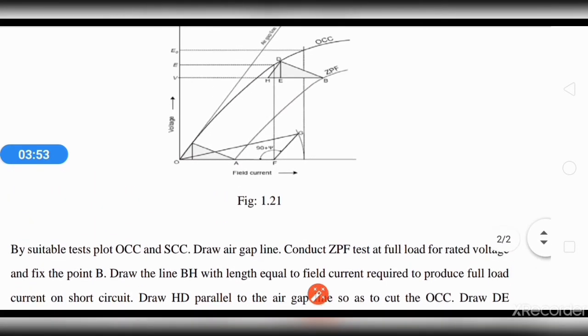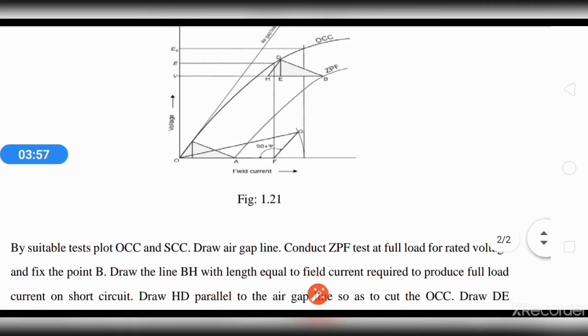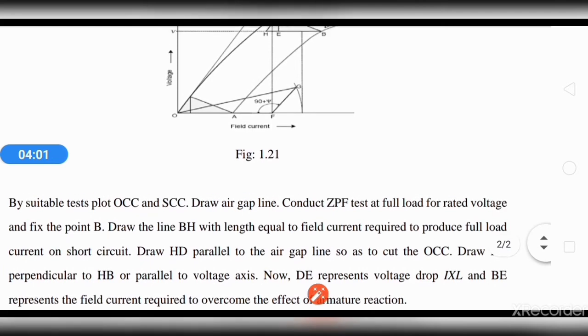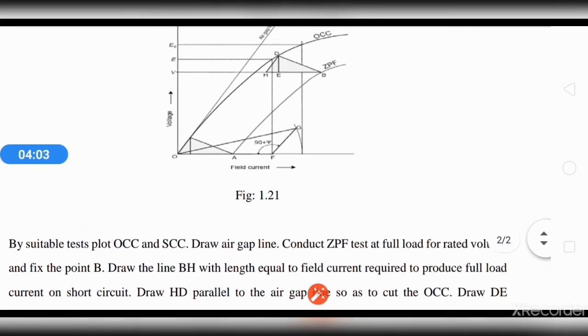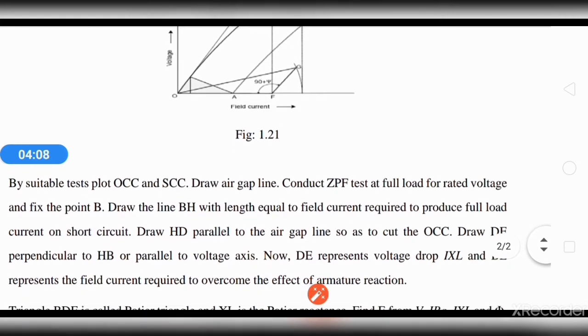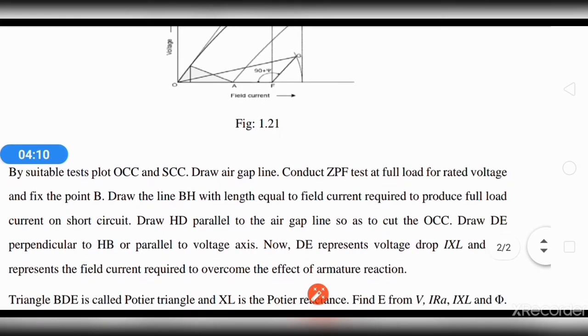Then draw HD, a line parallel to the air gap line, so that it cuts the OCC characteristic. Then draw DE perpendicular to HB.